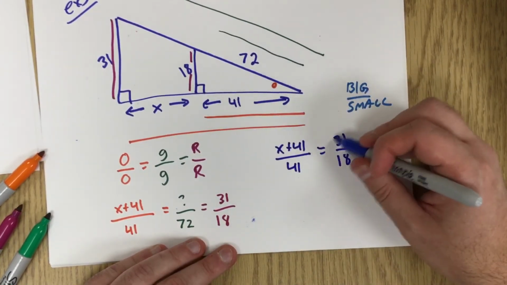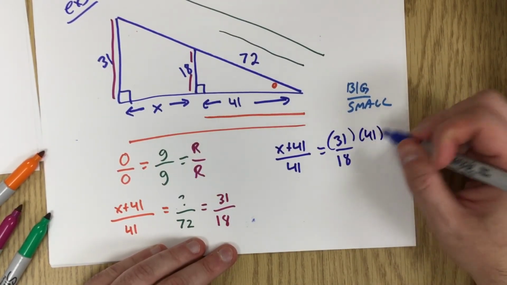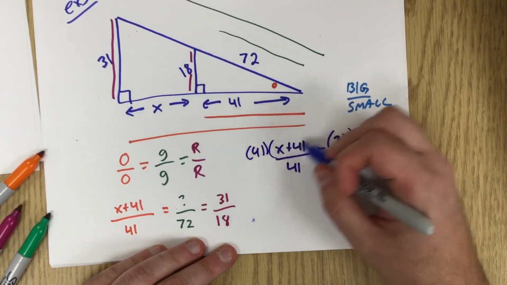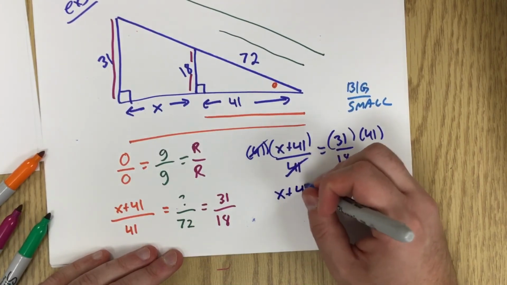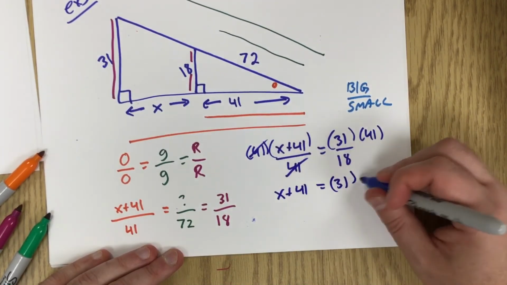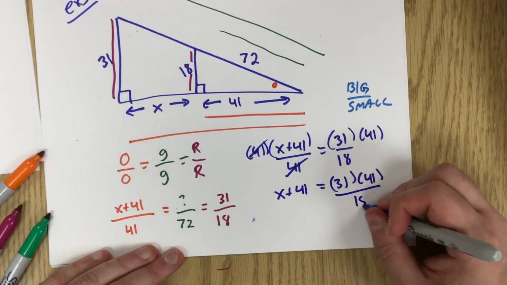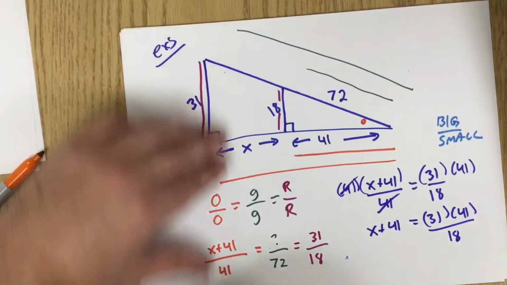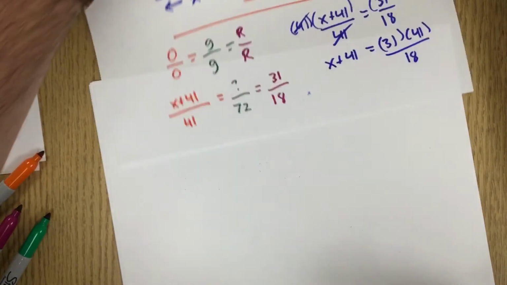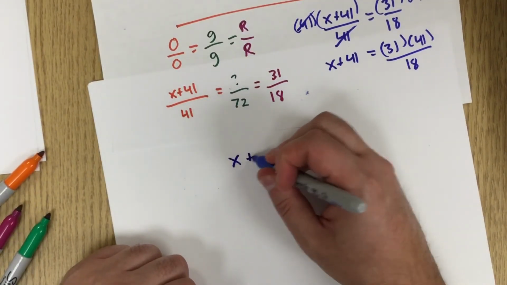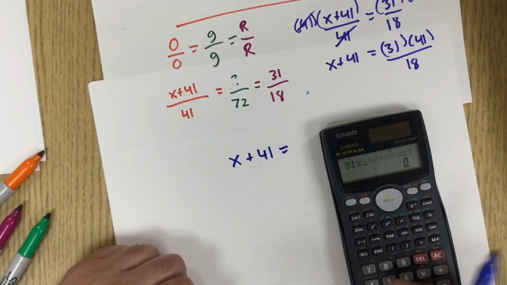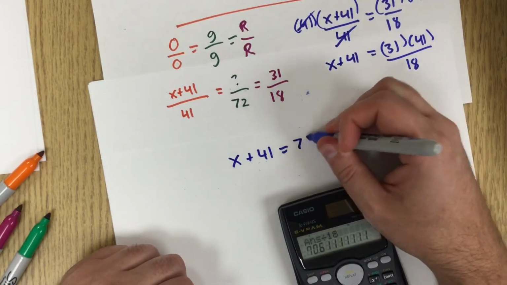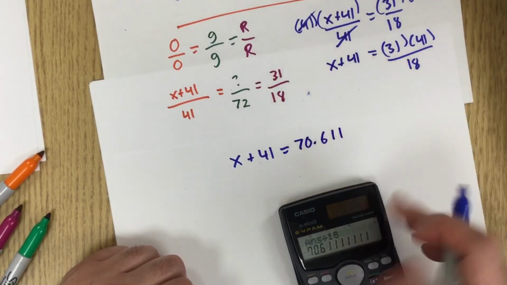We're going to kind of do the same thing. We're going to multiply both sides by 41. These are still going to cancel. So we're going to get x plus 41 equals 31 times 41 divided by 18, which means that x plus 41 equals, let's put in the calculator, 31 times 41 divided by 18 equals 70.611.